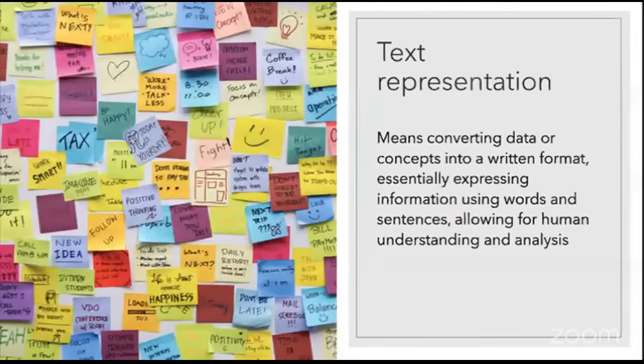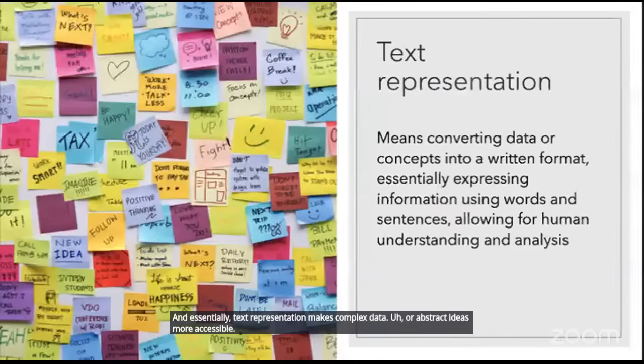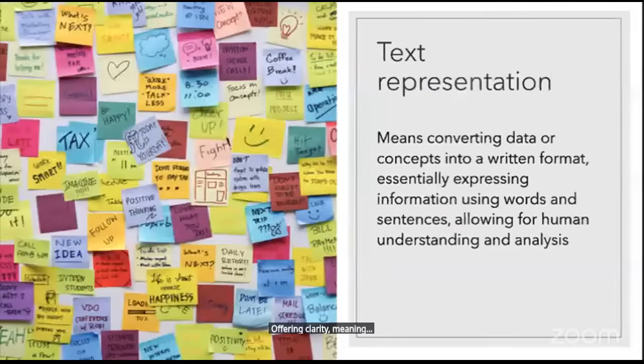Essentially, text representation makes complex data or abstract ideas more accessible, offering clarity and meaning. There are some ideas that if you represent them in the form of a text, it becomes clearer. Complex data becomes more meaningful when they are written down in the form of a text. So these are all information representation.